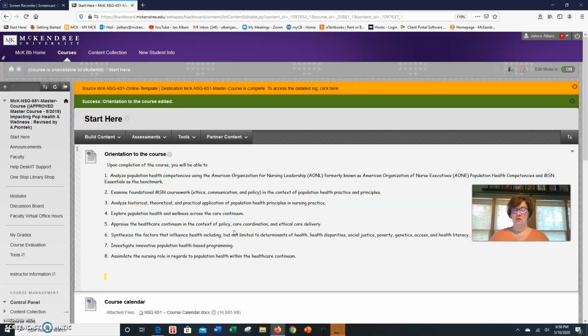So we're starting out with our course objectives and the types of things that we will be looking at through the course. It's a variety of different views of the experience of health, including the role of the nurse. That's how we're going to start out, looking at the expanded role of the nurse in population health and looking at those competencies and devising where you're going to go with your population health practice.